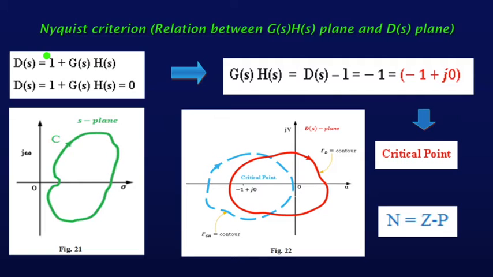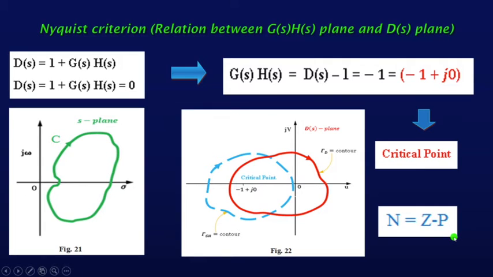Let Z be the zeros and P be the poles in the right-hand side of the S-plane. This contour is mapped in DS plane as capital gamma D. It encloses the origin N times where N equal to Z minus P in the clockwise direction.